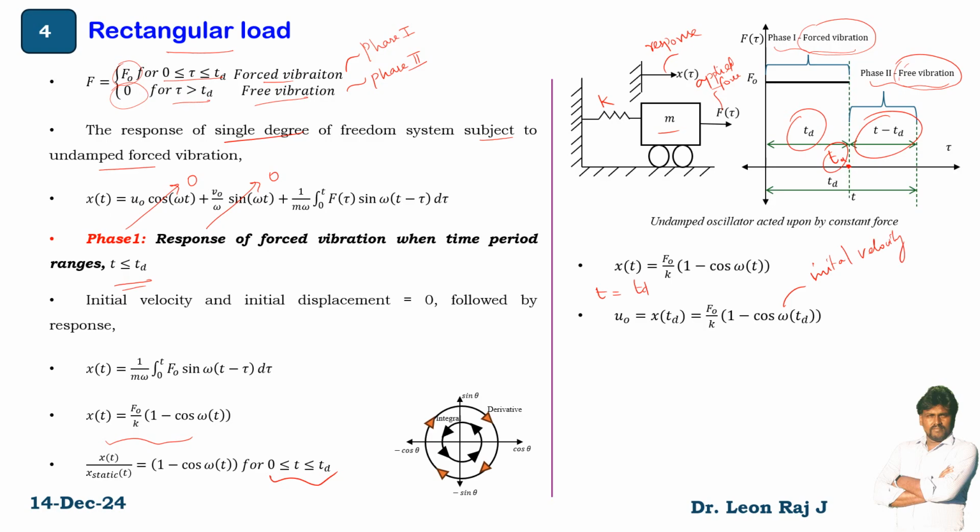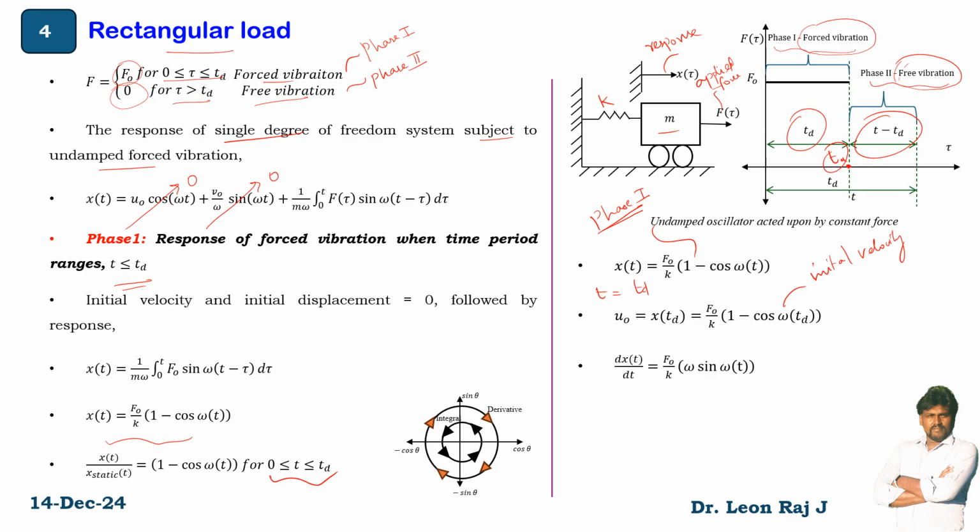So we have derived the response. This is our response for forced vibration, that is phase 1. When the time period t equals td, that gives the initial or boundary conditions to be applied for the next phase 2, free vibration.